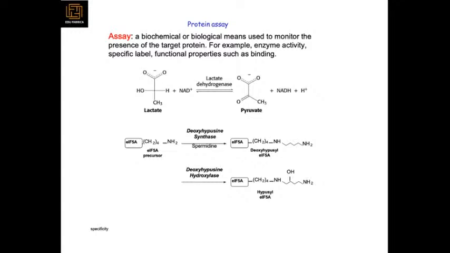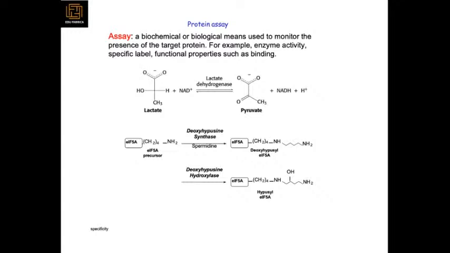So these are various assays, biochemical or biological means used to monitor the presence of target proteins, for example enzyme activity, specific labels, or functional proteins such as binding. Here you have lactate and pyruvate. Lactate dehydrogenase is added as an enzyme, which changes lactate into pyruvate.